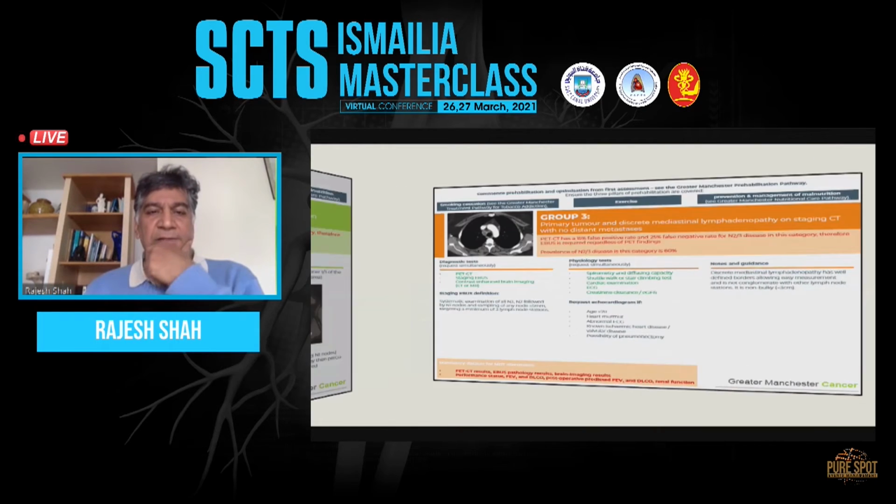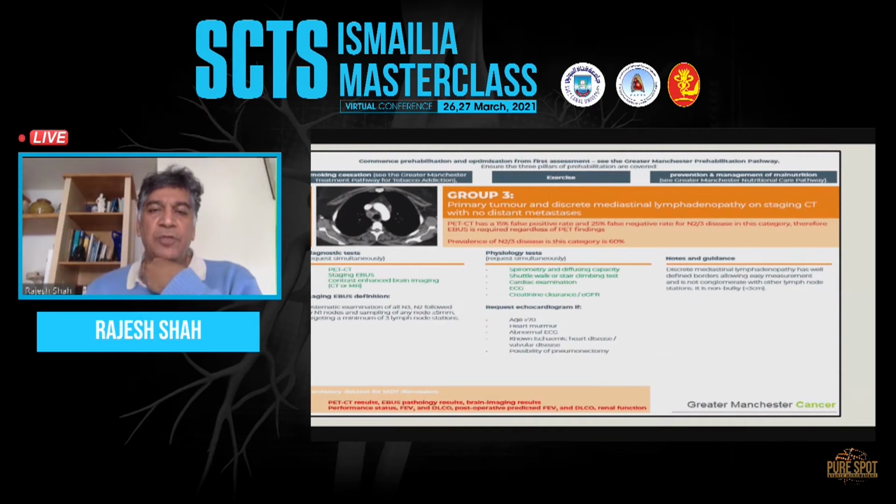Group 3 is patients with primary tumor and discrete mediastinal lymphadenopathy with no distant metastases. Again, it's important to recognize the false positive rate of 15% with CT PET and a false negative rate of 25% for N2, N3 disease, and hence following CT PET, staging EBUS is considered, and in addition to that, a contrast enhanced brain imaging, either CT or MRI, is considered.